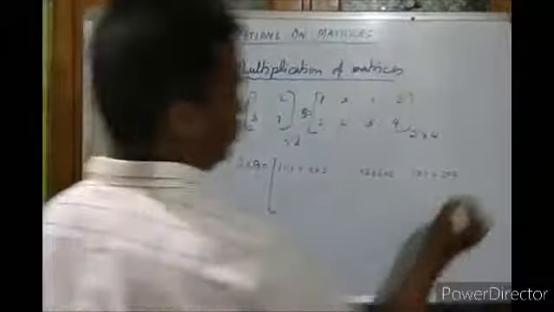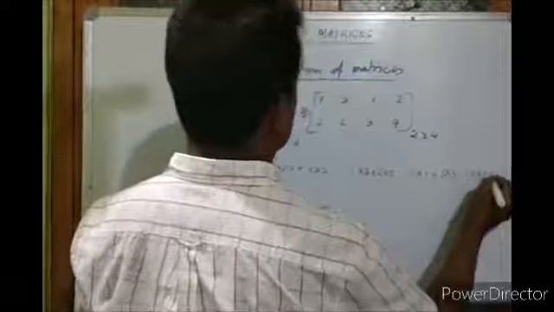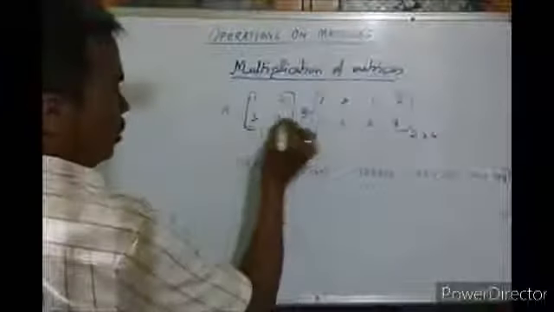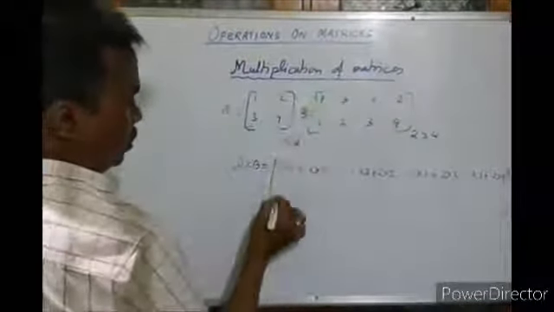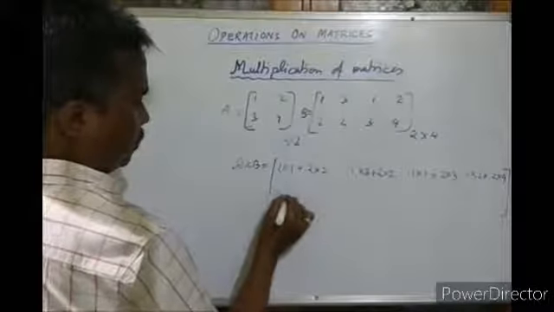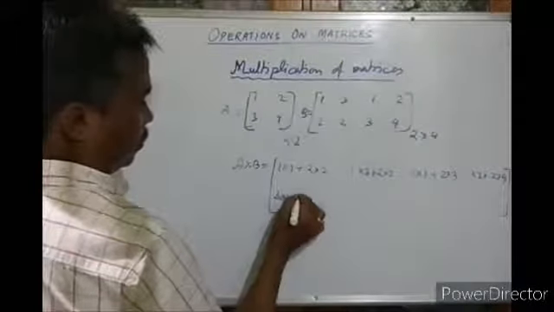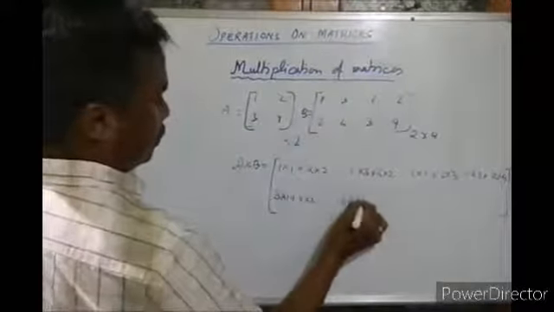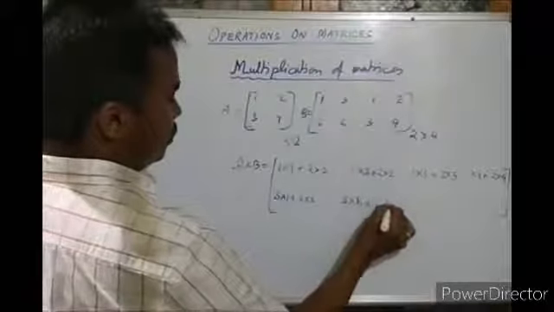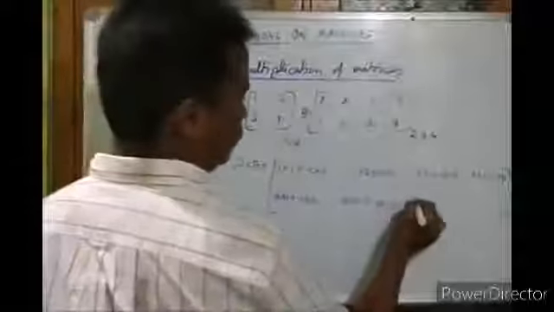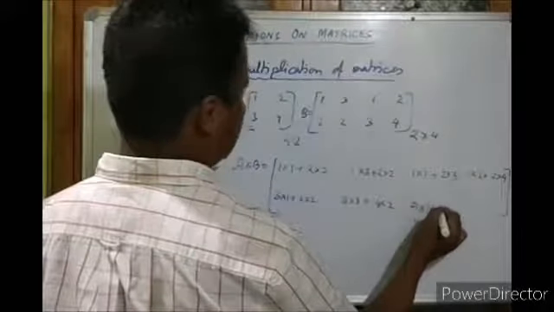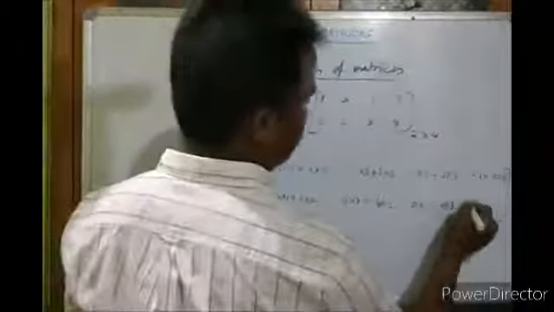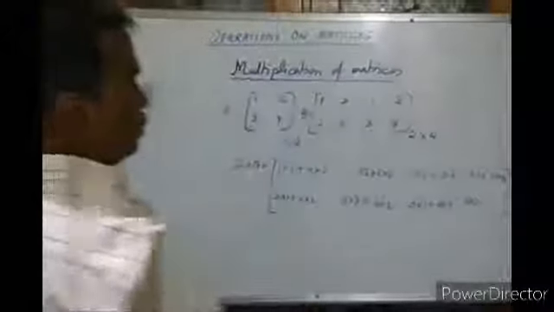First row into fourth column: 1 into 2 plus 2 into 4. Again the second row into the first column: 3 into 1 plus 4 into 2, then 3 into 3 plus 4 into 2, then 3 into 1 plus 4 into 3, and with the last column 3 into 2 plus 4 into 4.